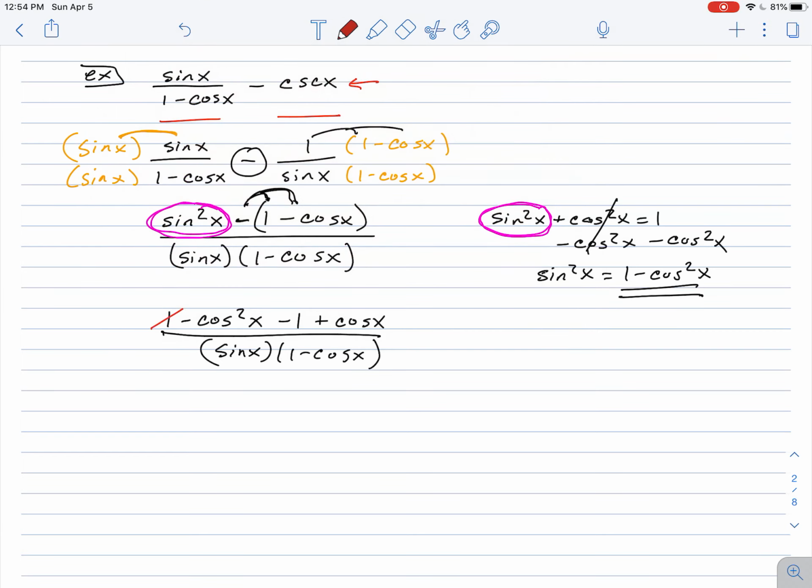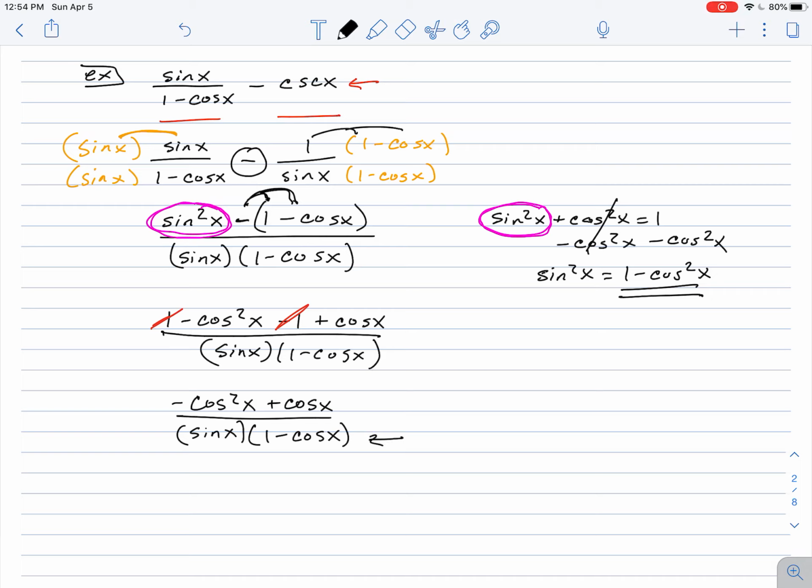I look at this equation and say, well, there's a 1 and a -1. Those cancel. And so on the top, I've got a cosine squared, it's negative, and a cosine x. And ultimately, my goal is to cancel. The only way you can cancel in a fraction is if things are factored. Well, the bottom is factored.